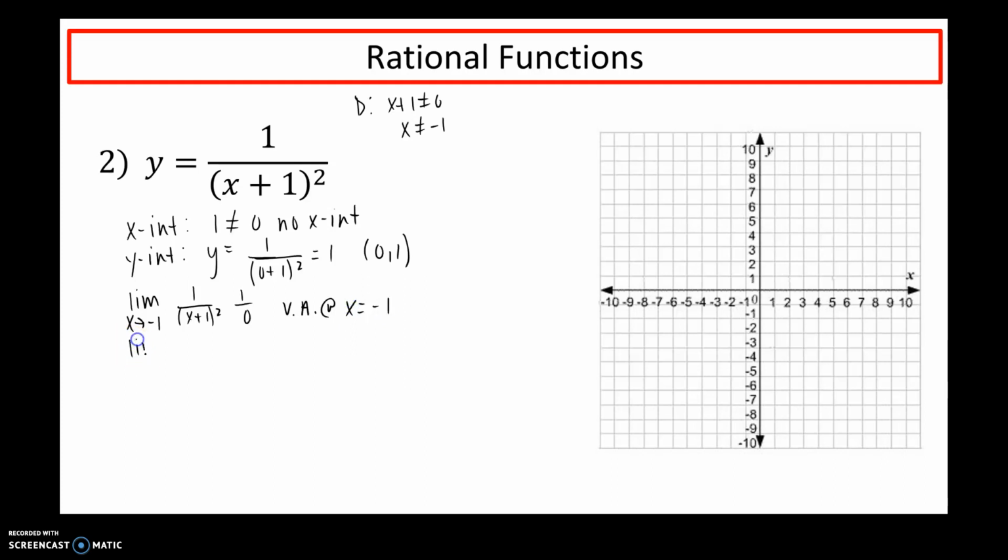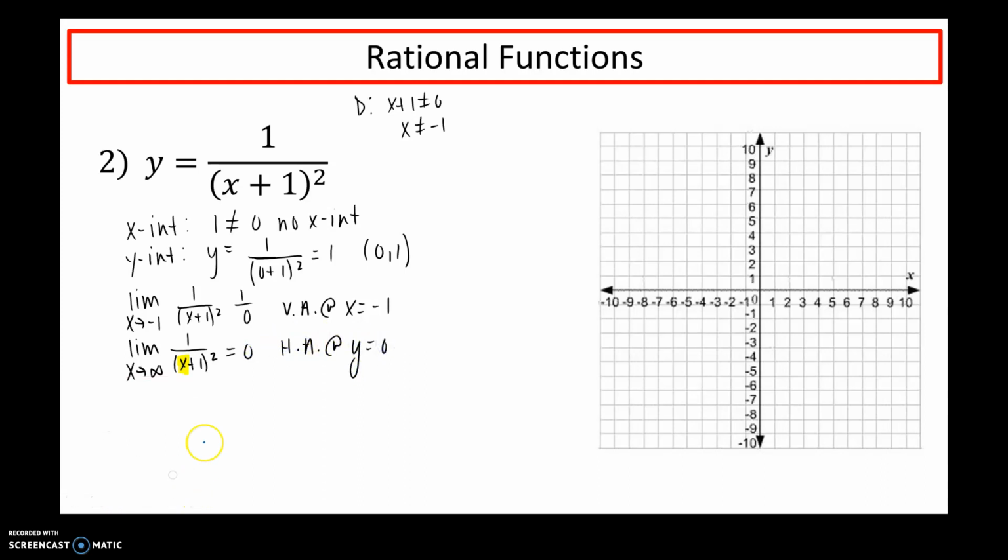Next, horizontal asymptotes. If I take the limit as x approaches infinity of my original, when we approach infinity, we can compare top heavy, bottom heavy, equal. The only x is in the denominator, therefore it's a bottom heavy, and the limit of the function is 0. So we would have a horizontal asymptote at y is equal to 0.